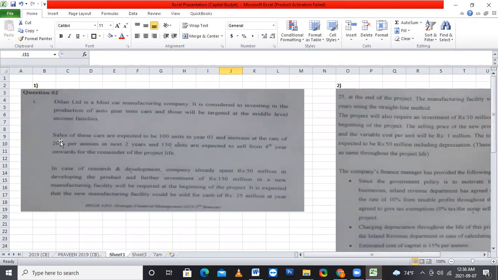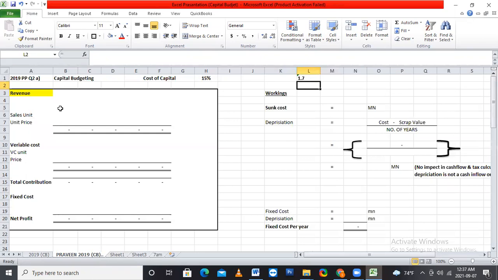In the second paragraph, sales of the car are expected to be 100 units in the first year and increase at the rate of 20% per annum in the next 2 years. So they increase 20% in the second year and third year, and 150 units are expected to sell from the fourth year onwards for the remainder of the project life. This is the selling information.